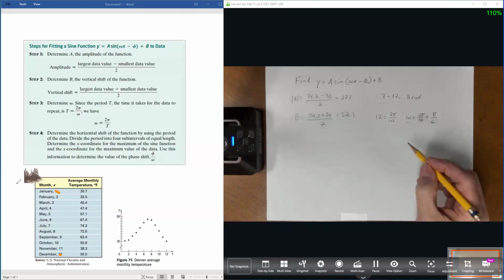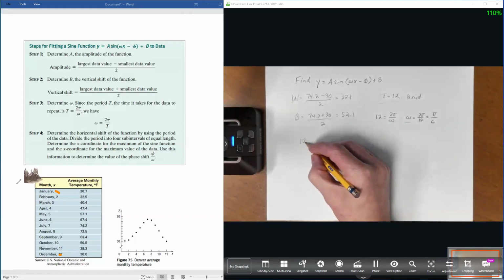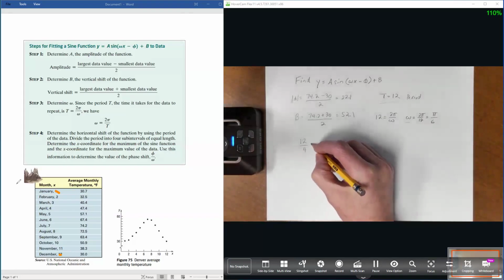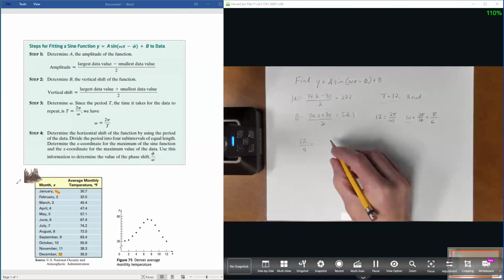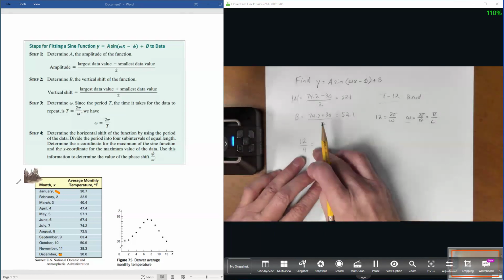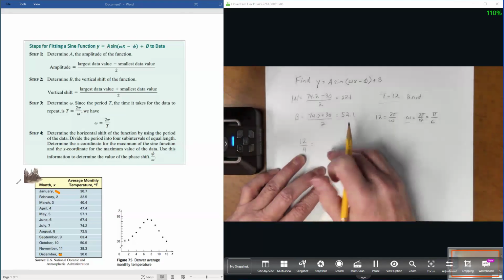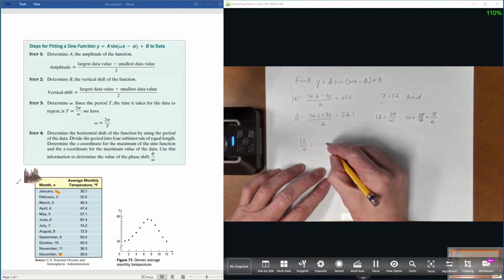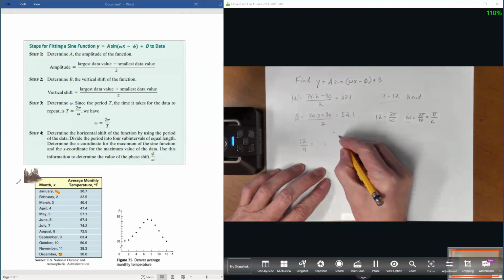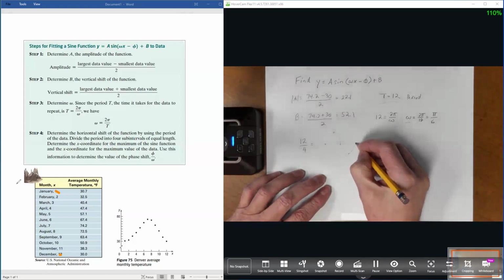At this point, we want to take our period and divide it by 4 to figure out what our step is to the next critical point. Remember, we did this before. If I take the total period and divide it by those 4 intervals that create our critical points, because we went from one critical point here, another one here, another one here, another one here, and then it ends there.